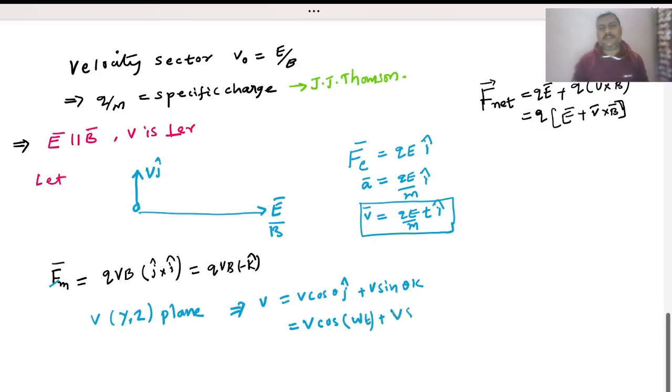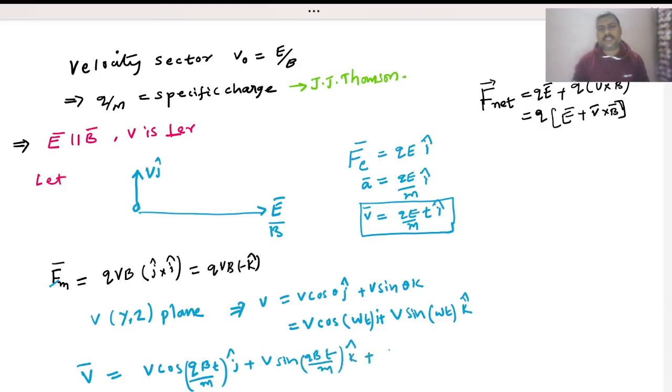Therefore the net velocity of the particle is V cos omega t J cap plus V sin omega t K cap plus the I cap component. We know that for a circular path omega is equal to qB by m, so the velocity is V cos(qBt/m) J cap plus V sin(qBt/m) K cap plus qE by m t into I cap.